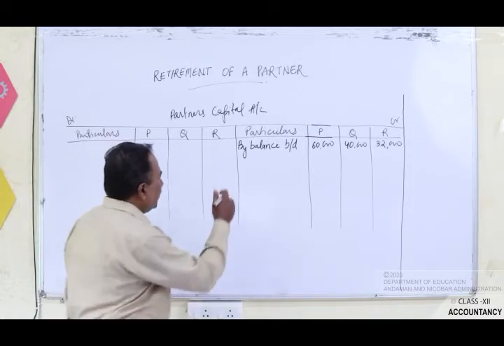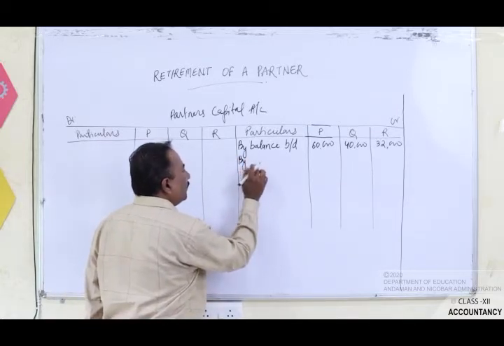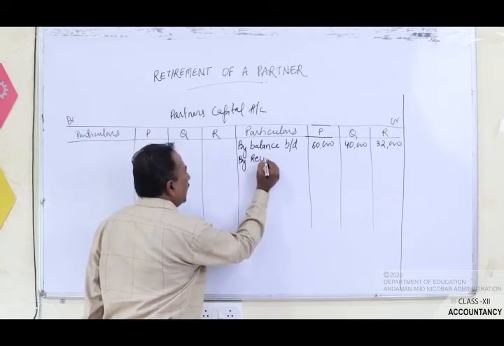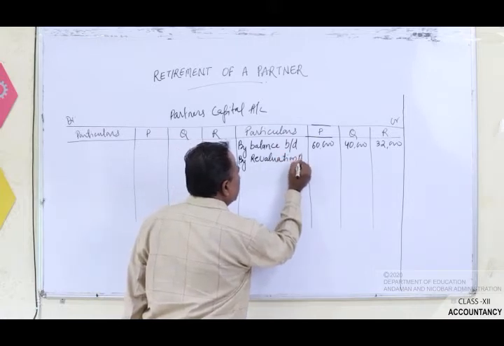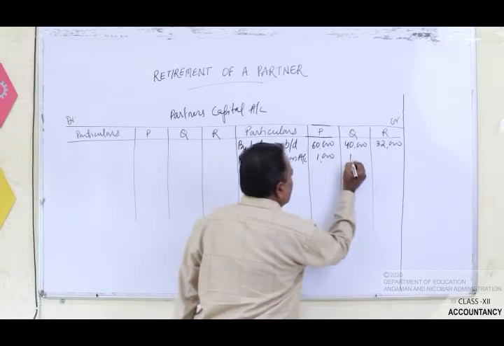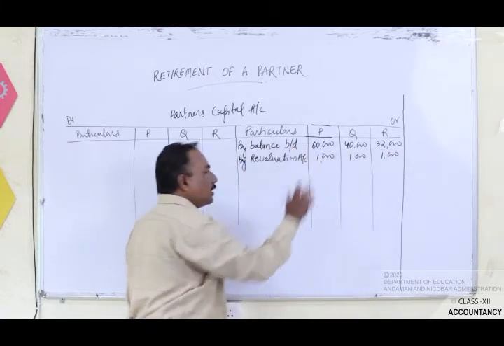In this question, it was a profit, so the profit will have to be recorded here. So, by revaluation account, and each partner got rupees 1,000. So, write rupees 1,000 in each column.